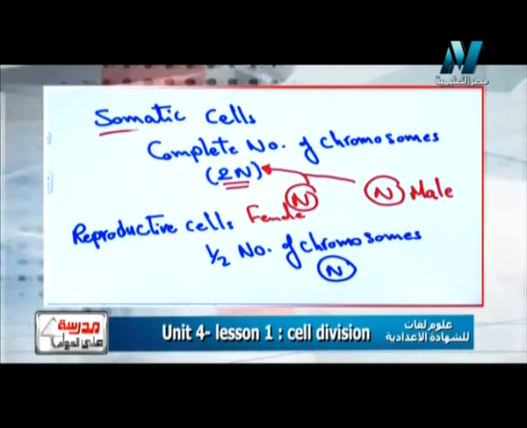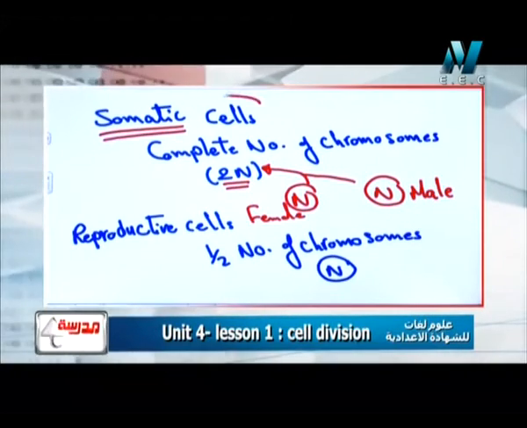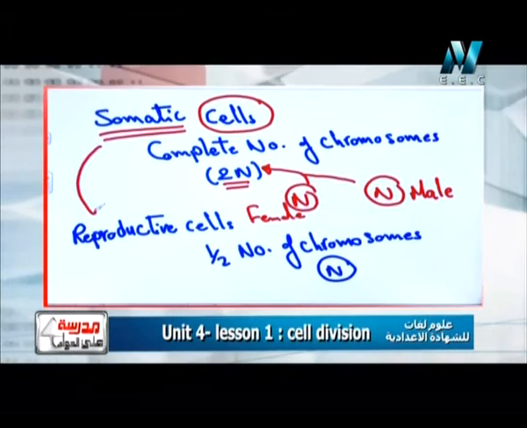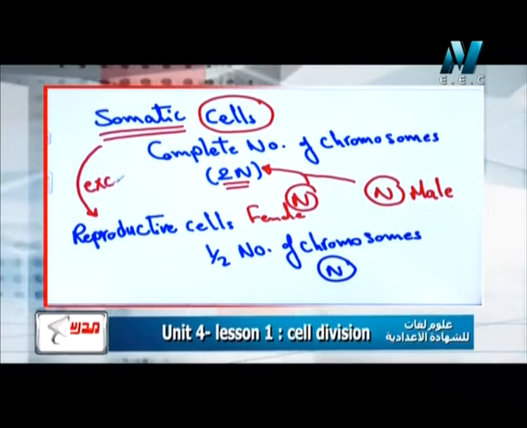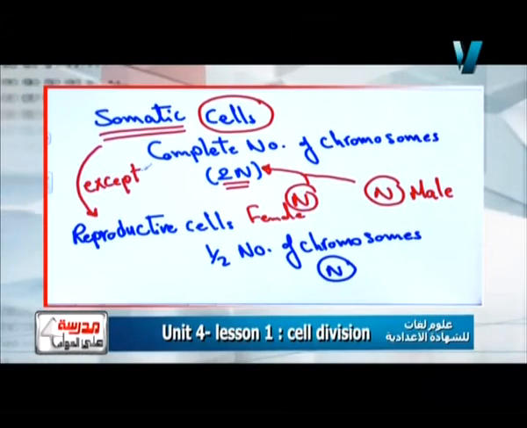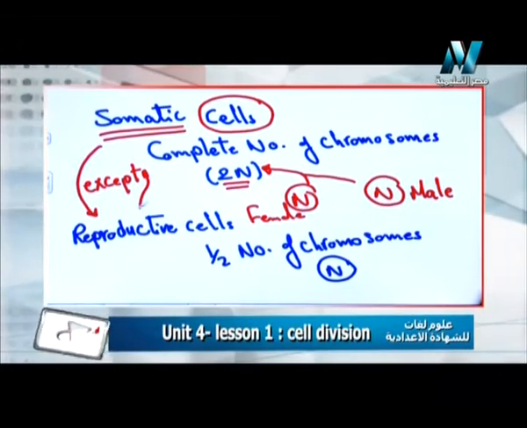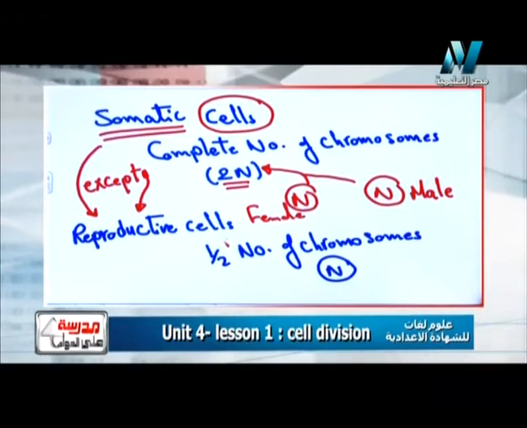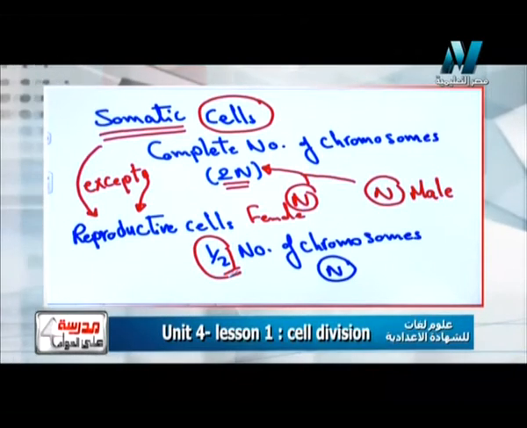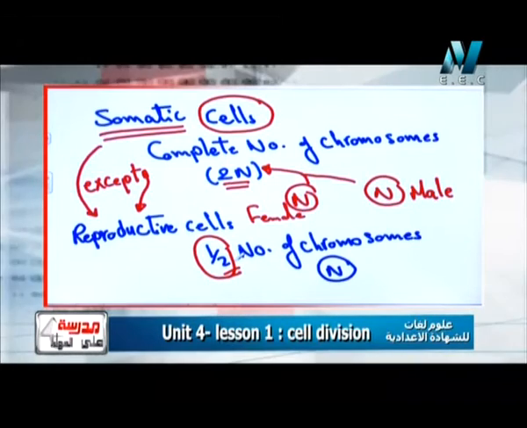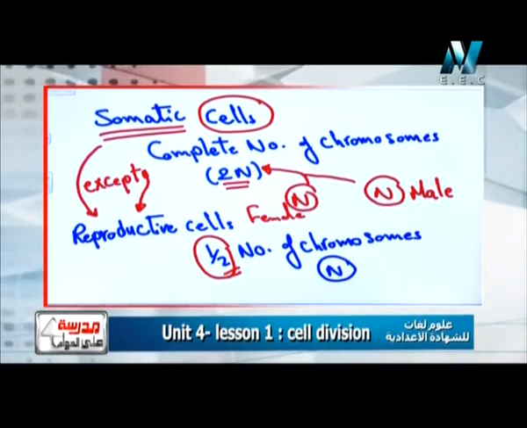So when we talk about somatic cells, we talk about a complete number of chromosomes, as all body cells except the reproductive cells. Reproductive cells have half the number of chromosomes. So now we can differentiate between the two types of human body cells.